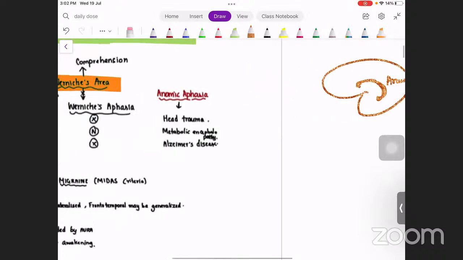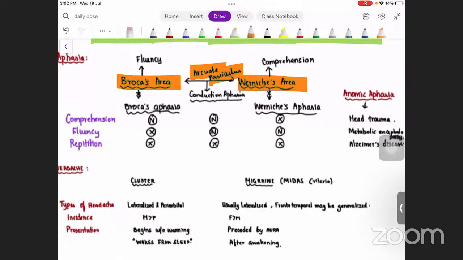So what do the Broca's area and Wernicke's area indicate? The Broca's area indicates the fluency of the speech, while the Wernicke's area indicates the comprehension of your speech. When the Broca's area is not functioning, you get a Broca's aphasia, and when Wernicke's area is not functioning, you get a Wernicke's aphasia.